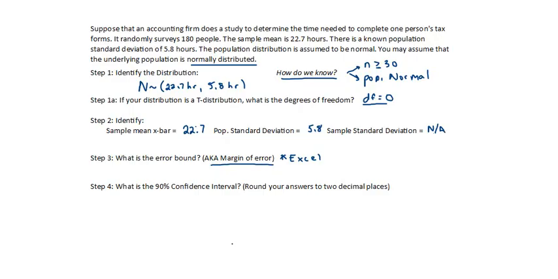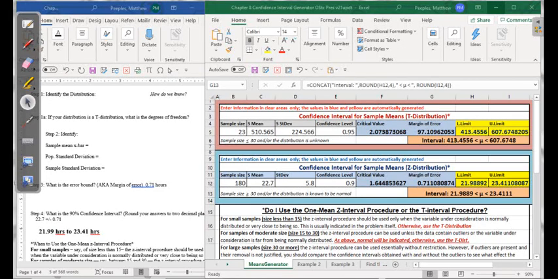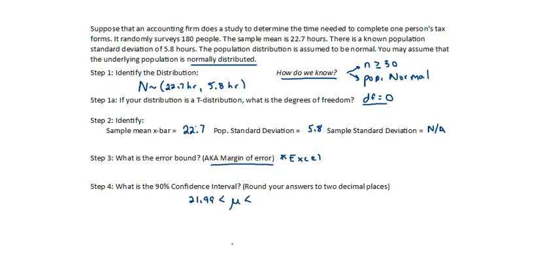So if we're expressing our confidence interval, we would round that to 2 decimal places, and we would say 21.99 hours, our population mean symbol right there, and we said also, what did we say there? I always have to look back. We said 23.41.